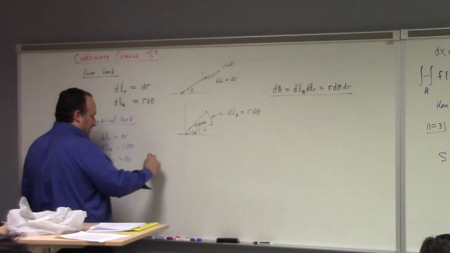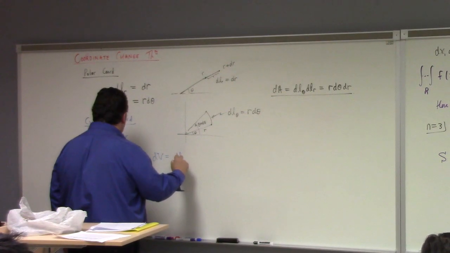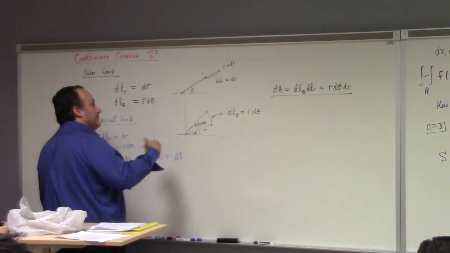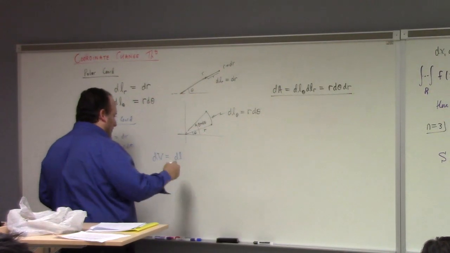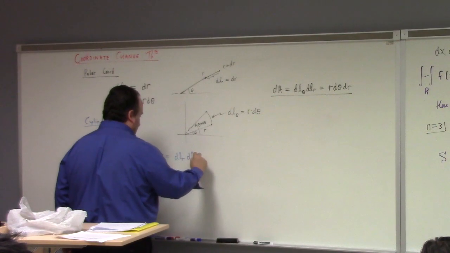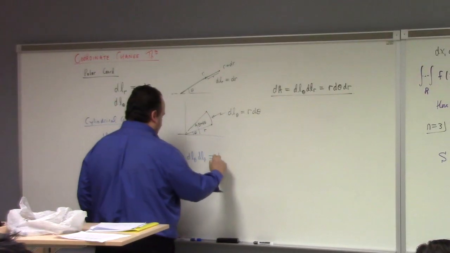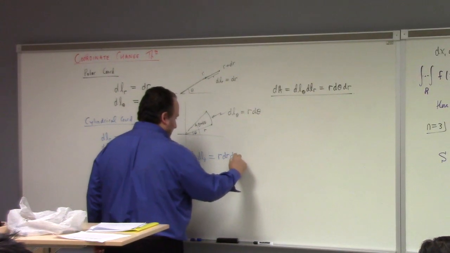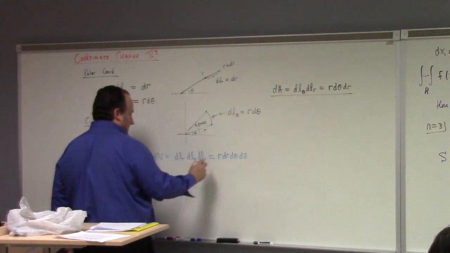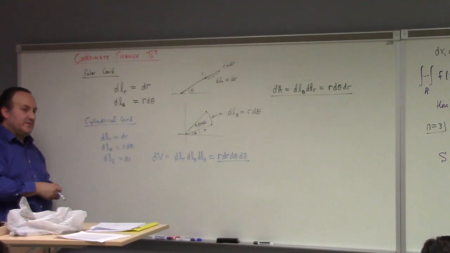So my dV, as a general principle, provided orthonormality, perpendicular coordinate lines, is what I'm trying to say. So dl_r, dl_theta, dl_z, what do you get? You get r dr d theta dz, which is exactly the right formula. That's the infinitesimal volume in cylindrical coordinates.